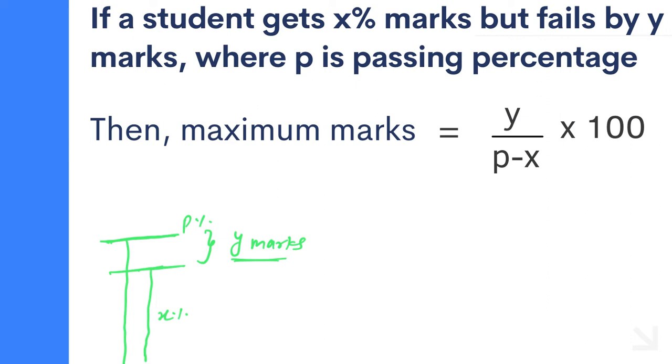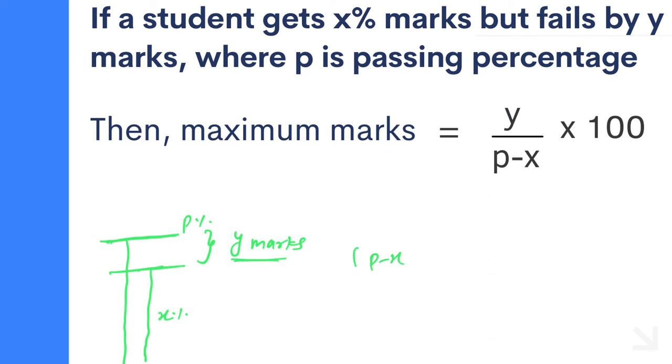So this difference is equal to Y marks. And what is this difference? The total is P percentage, and till here it is X percentage. So the difference is P minus X percentage, which should be equal to Y marks.